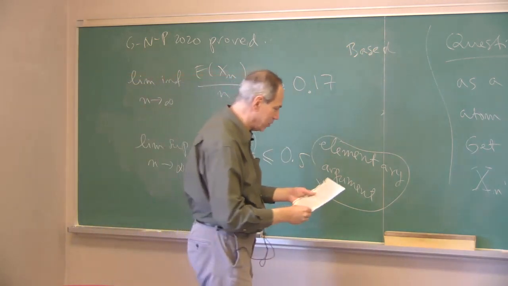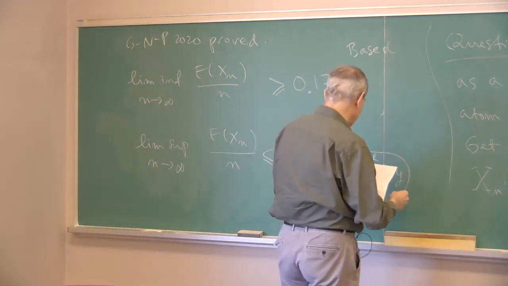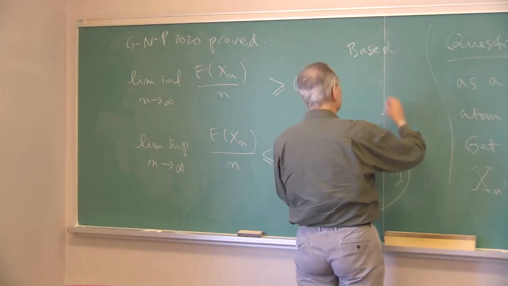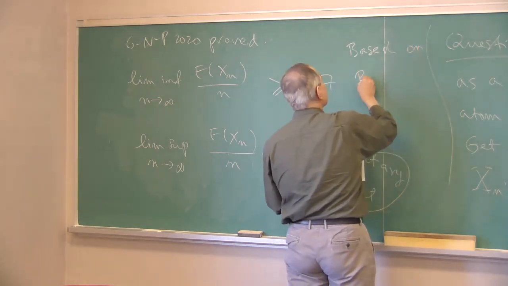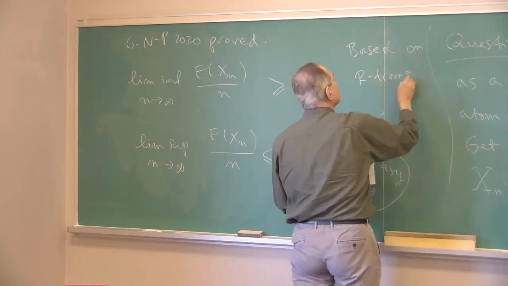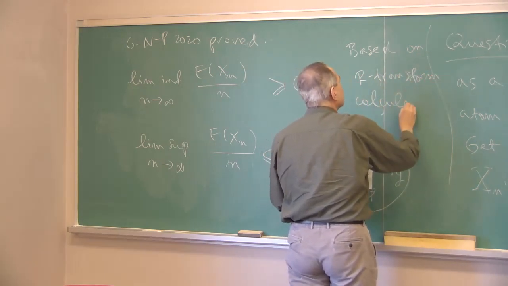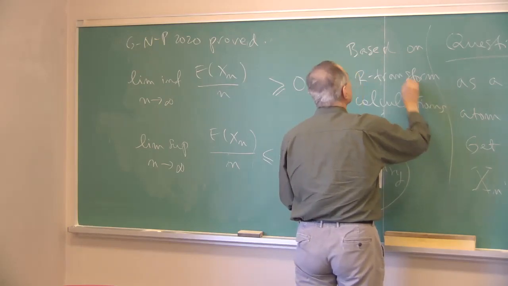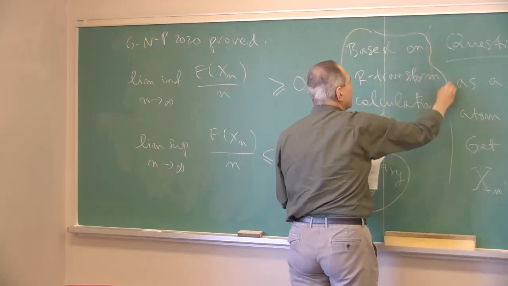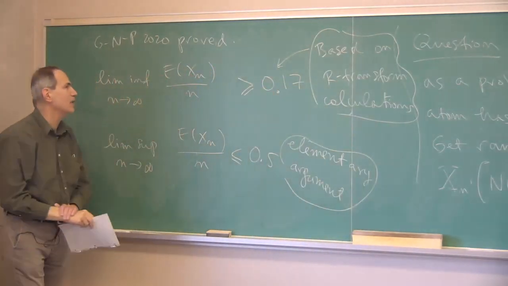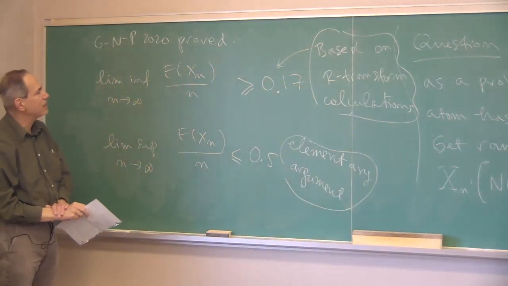I really want to show how it comes. This is based on some R-transform calculations, and I think it's nice to see how this can come up.